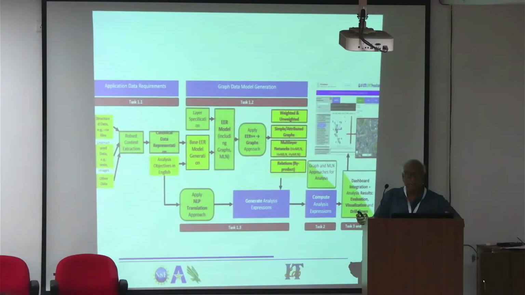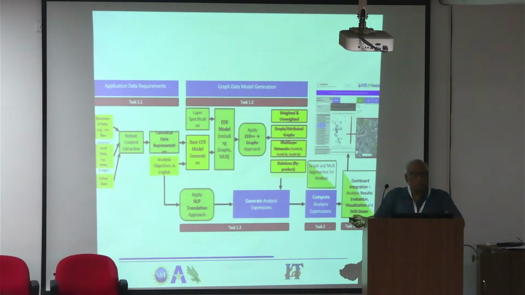So here is a view of our life cycle. On the left-hand side, we want to be able to use structured data and other kinds of data at a later stage.